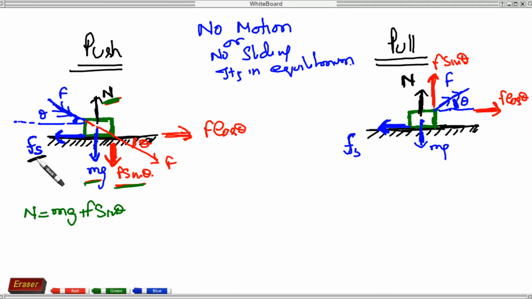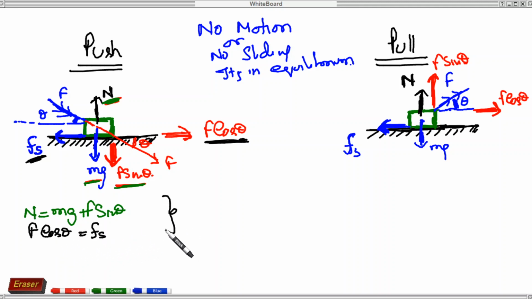This friction force is balanced by F cos theta, because there is no motion, no sliding, it's in equilibrium. So F cos theta is equal to Fs.